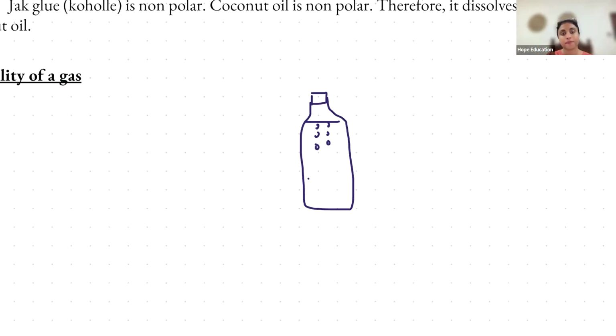Yes. Okay. What will happen if you shake this fizzy drink? If you shake it a lot and then open the lid, what will happen? What will happen? Yes.